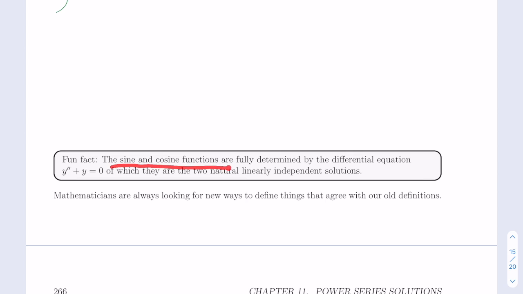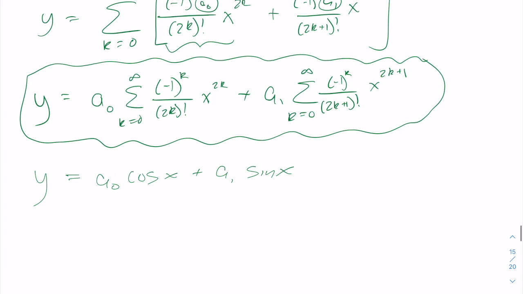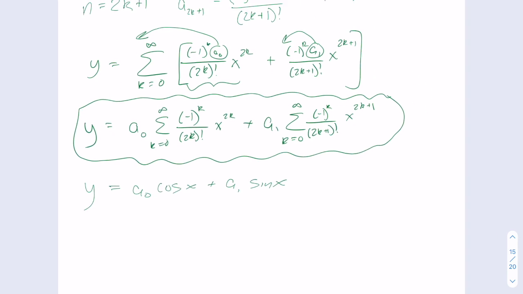The sine and cosine functions are fully determined by the differential equation y double prime plus y equals 0, of which they are the two naturally linearly independent solutions. So if you're looking for different ways to define sine and cosine, you can actually define them as the solutions to this equation, and you can build backwards. So that is a really cool thing.